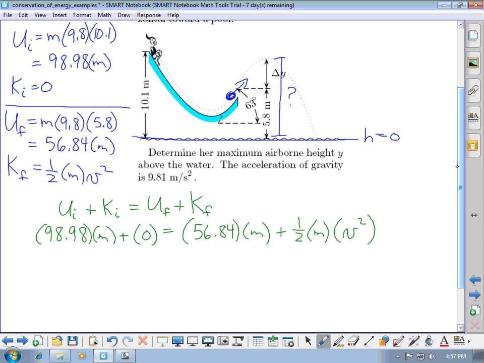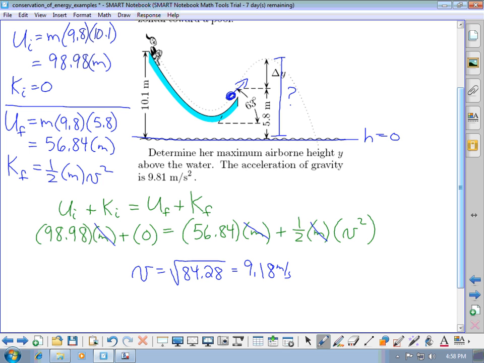So if I divide both sides by m, all of my masses divide out. And if I solve for the velocity, I get the square root of 84.28, which is 9.18 meters per second.